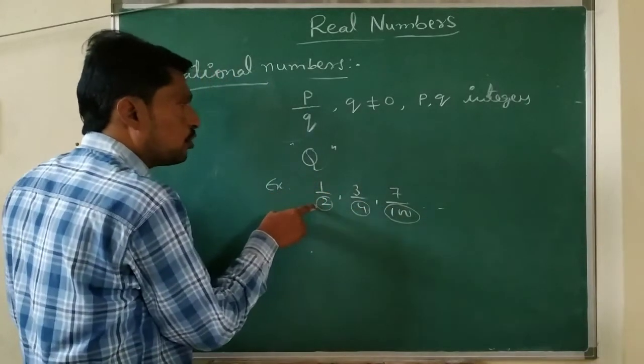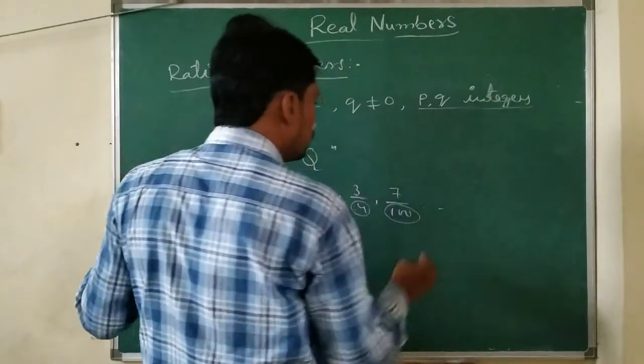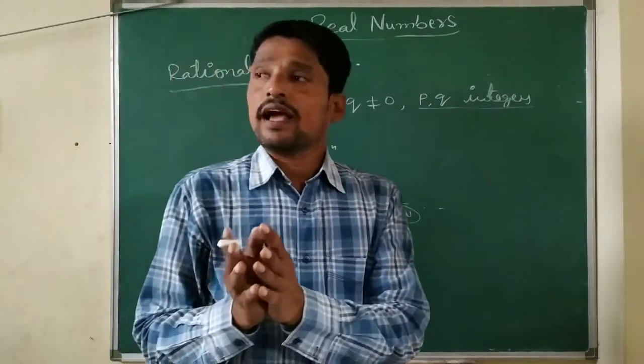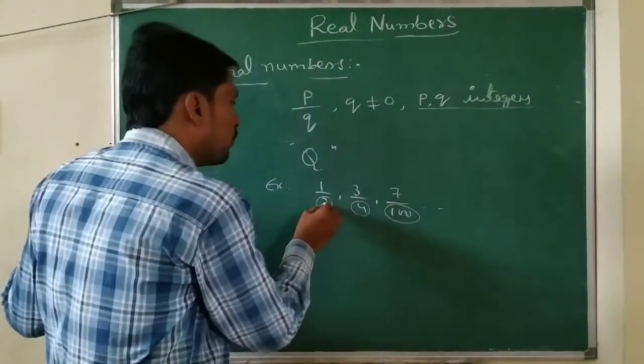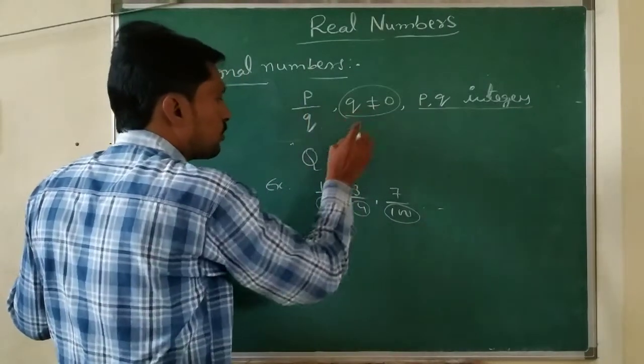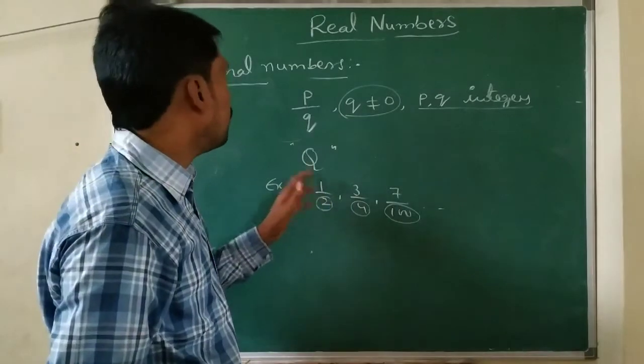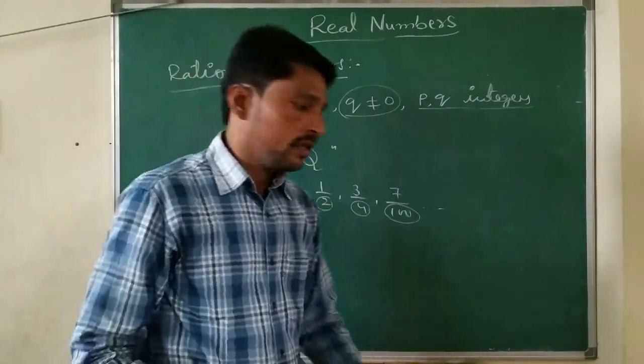The remaining p and q values are integers. Integers, as you already know, are negative values, positive values and 0. But here q must be not equal to 0.